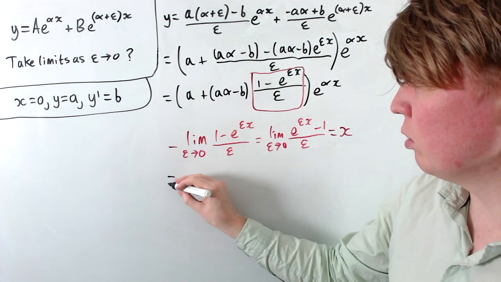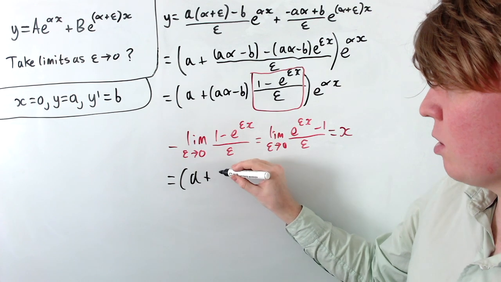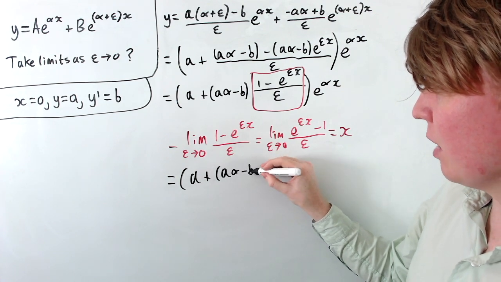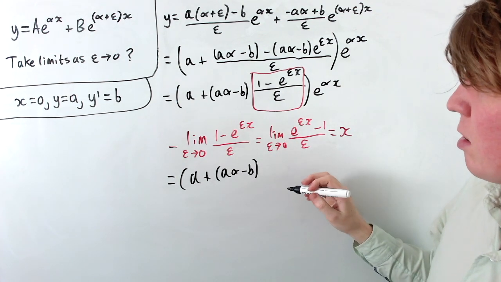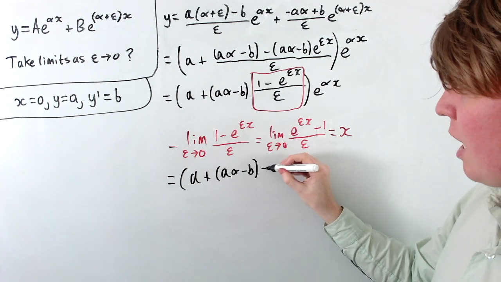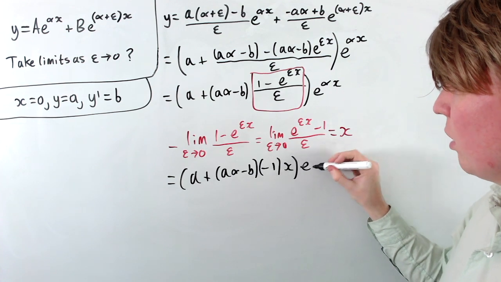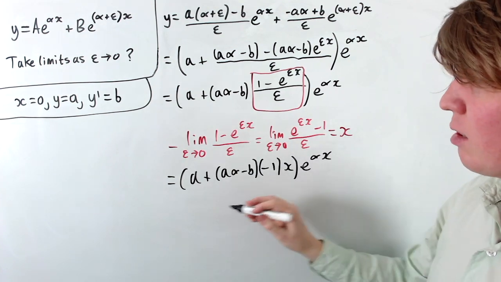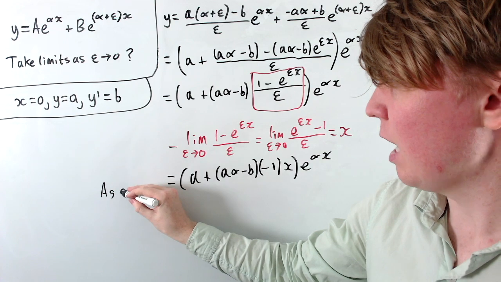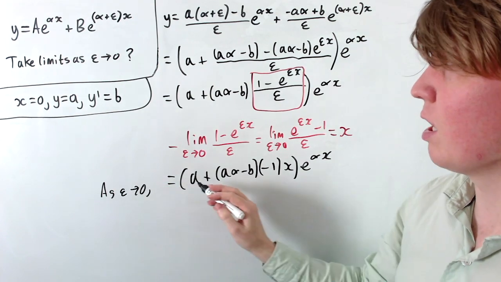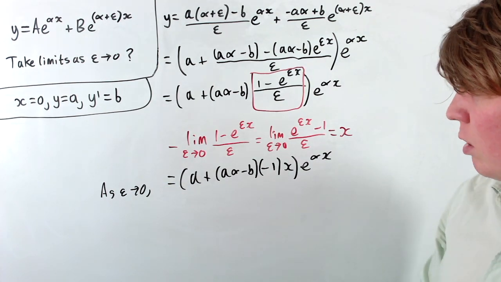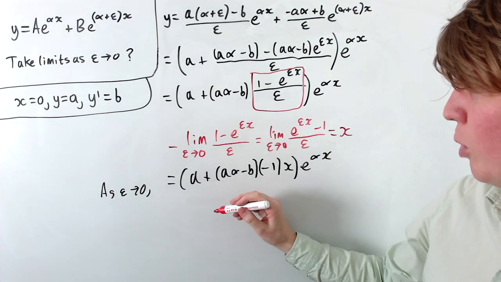So then we can rewrite all of this as a plus a alpha minus b, and then when we've taken limits as epsilon goes to 0, we just get a negative x. So I'll write this as negative 1 times x, and we've still got our e to the alpha x. So as epsilon goes to 0, in some sense, this is what we get. And now we can focus on trying to make this look like our more familiar forms.